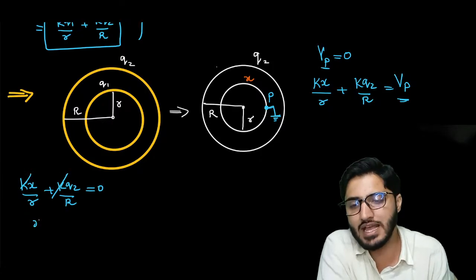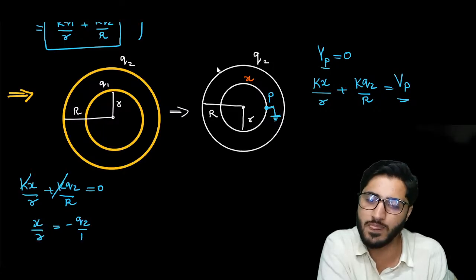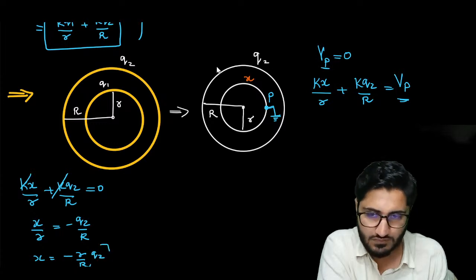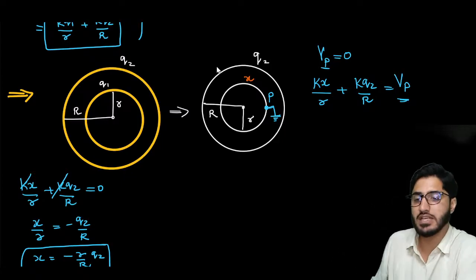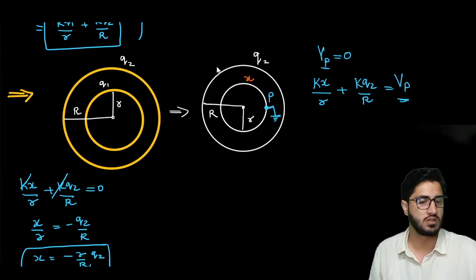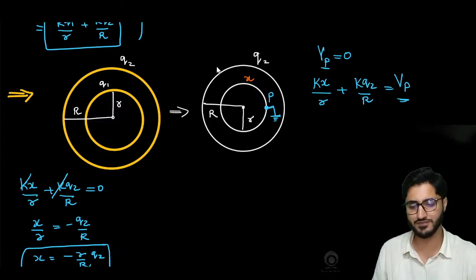I will write x by r equals minus Q2 by R. So x came out to be minus r by R into Q2. So the inner charge will be minus r by R times Q2. Easy? Easy or super easy?